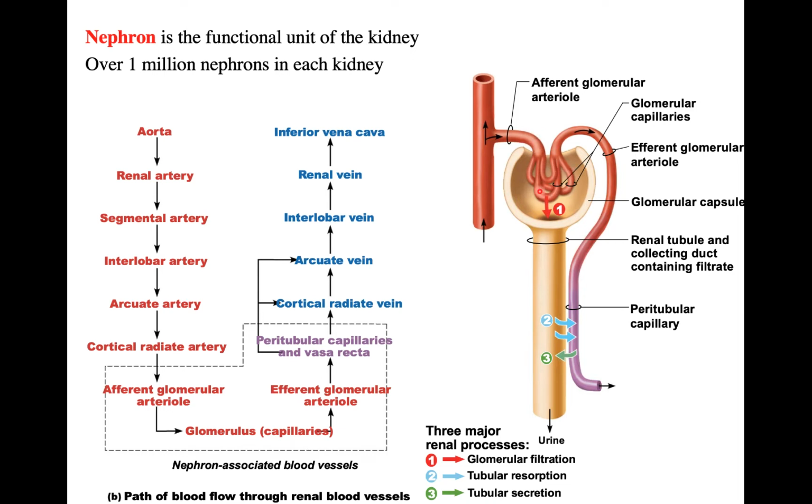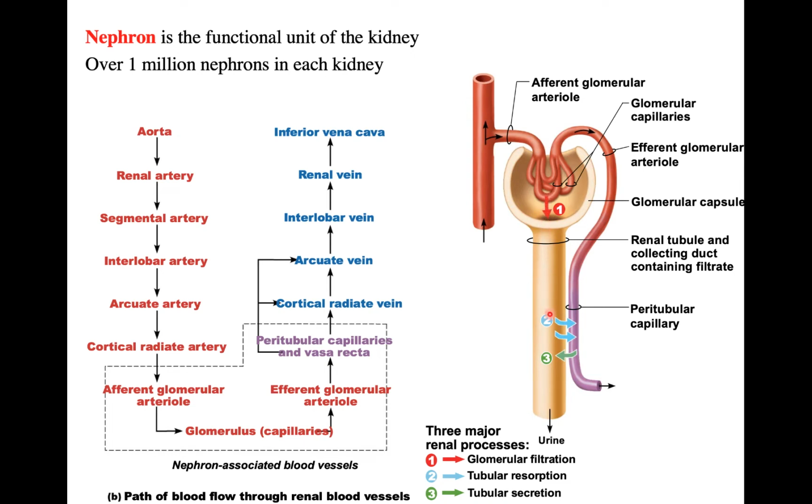This loopy structure, it's just a capillary bed, and it's called a glomerulus. The capillary bed, if you recall, is only a single cell layer thick. So what is easy to do across this capillary bed? Well, diffusion. So blood comes in, goes into this capillary bed, all the waste diffuses out, and it's a process called filtration.